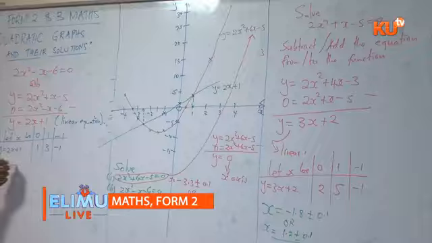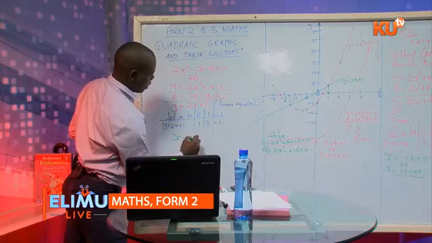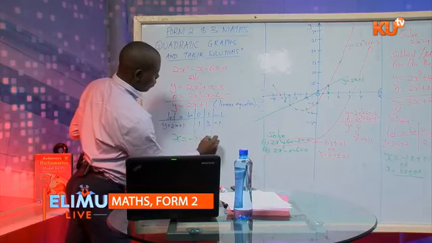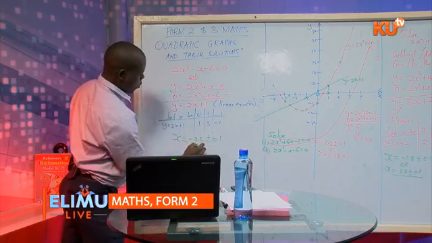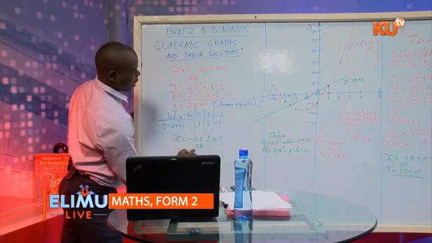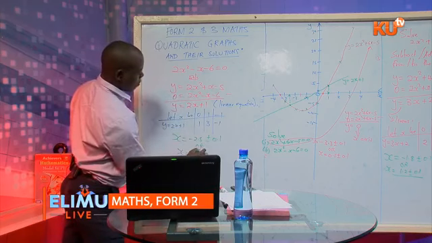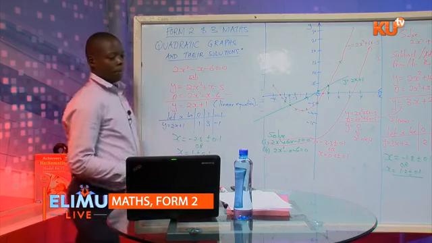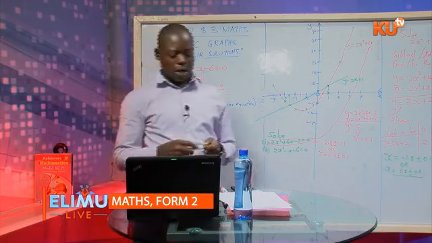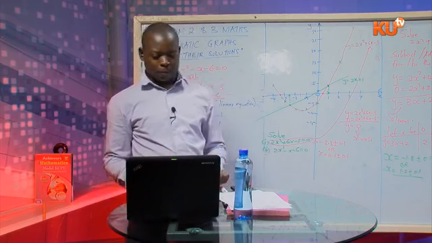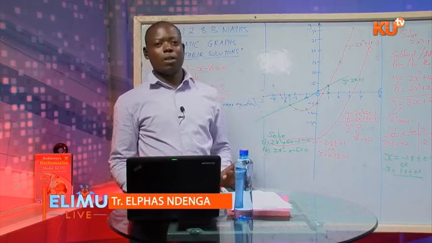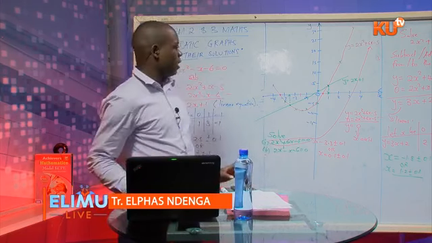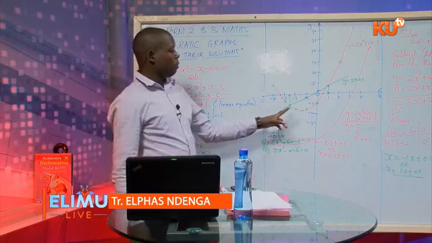That is to mean that your x is equal to negative 2.5, plus or minus 0.1, or x is a positive 1, plus or minus 0.1. Those are our solutions.